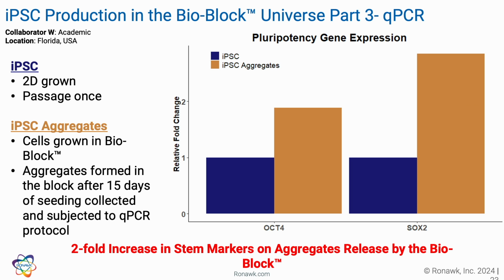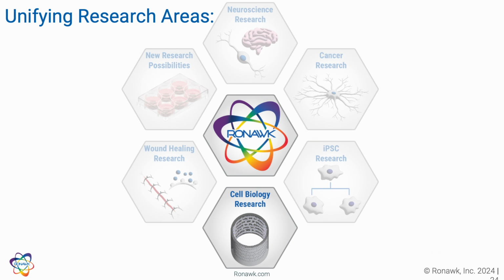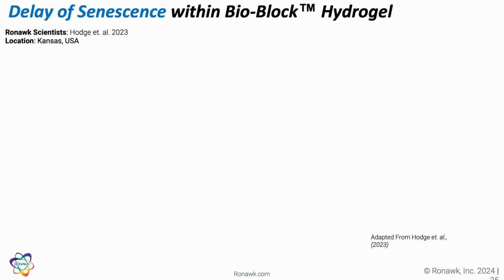In that same line of retaining stem markers and retaining phenotype, in the cell biology research that I'm going to discuss here, we're going to talk about 2 things: the reduction of senescence, which is the cells just getting old, and the retainment of cell phenotype. This was done internally by Ronawk scientists, specifically Dr. Hodge.